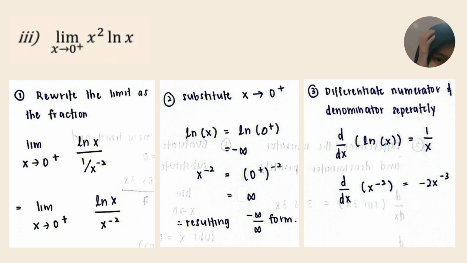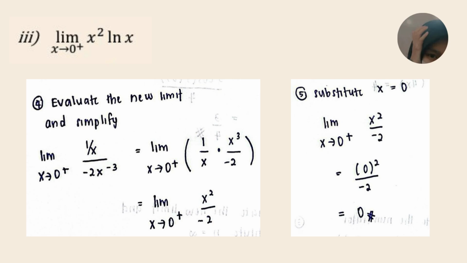After that, we differentiate the numerator and the denominator separately. d over dx of ln x, we get 1 over x, and d over dx of x to the power of negative 2, we get negative 2 x to the power of negative 3. After that, we have to evaluate the new limit and simplify it because our limit is too complicated.